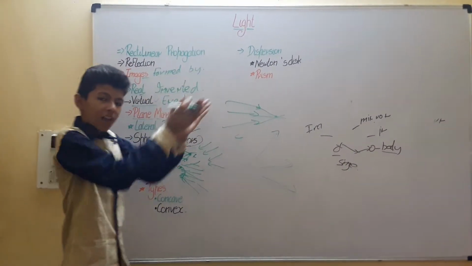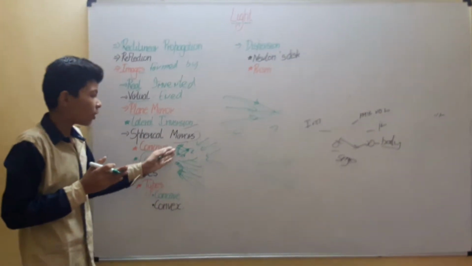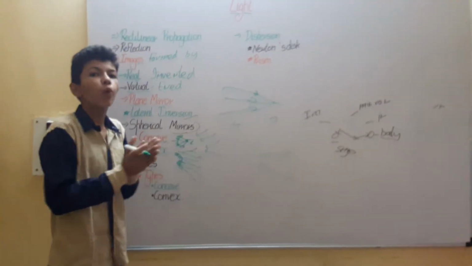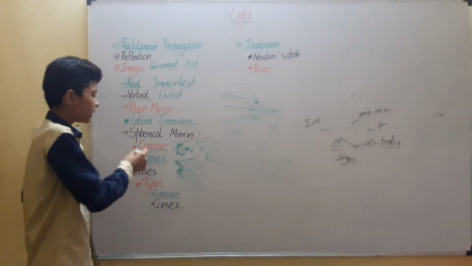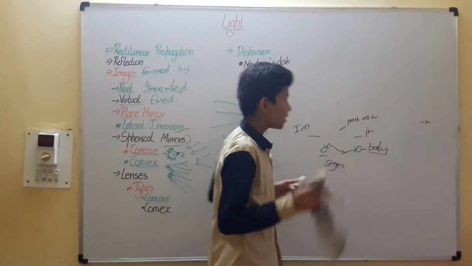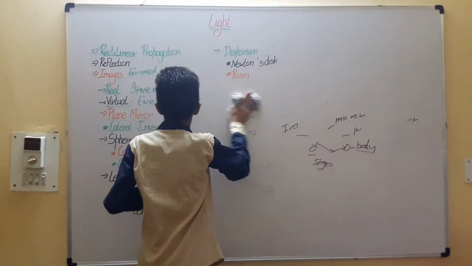When the rays come and hit the mirror, they would again reflect and diverge more. So let's move to the image formed by these mirrors. What are the characteristics of images formed by these mirrors?